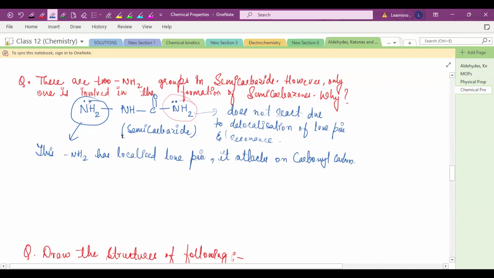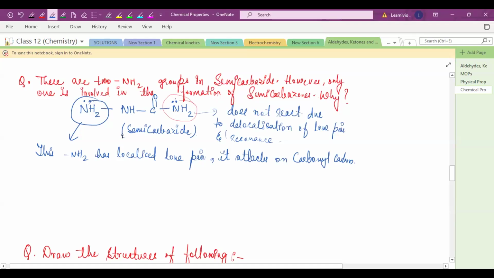See, you can see this one. This NH2 on the right side is attached to the carbonyl group. The lone pair of this nitrogen is involved in resonance with this carbonyl group, so it is not free.